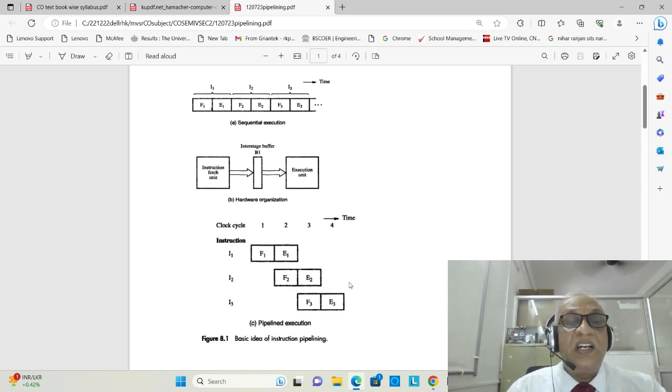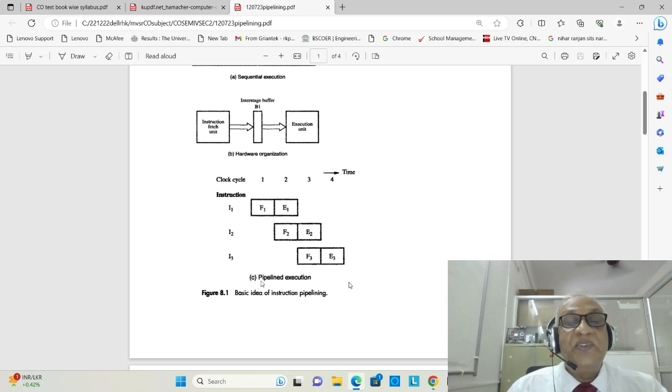Now let us look at diagram C, which is an example of pipelined execution. Any instruction execution happens in some clock cycles. You can see here clock cycle 1, 2, 3, 4, and so on, and you can see the instructions here, instruction 1, 2, 3. What you can see here is that execute 1 and fetch 2, E1 and F2, are going at the same time, and for this a combination of hardware is utilized.